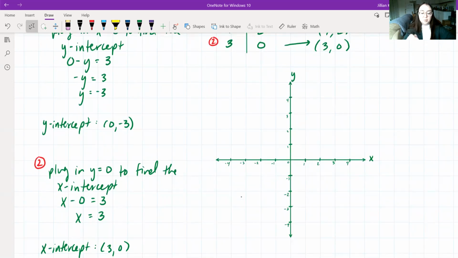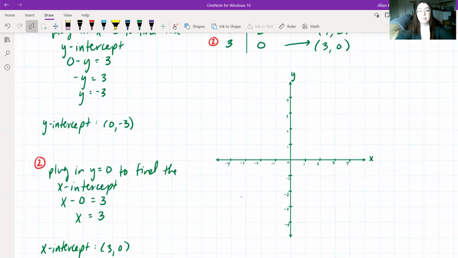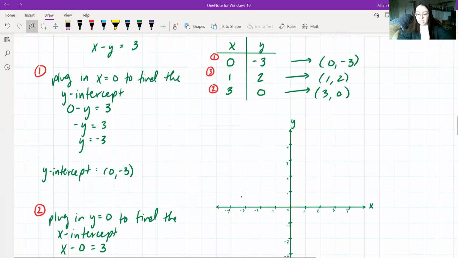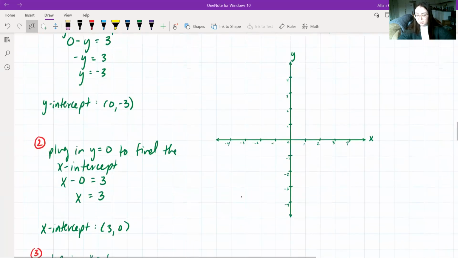And now we can plot these points on our graph. Let's start by plotting our intercepts. So we can start by plotting our y-intercept, which is at 0, negative 3. So our x value is 0, so we start at our origin, and we track down to negative 3, and we put our point there.